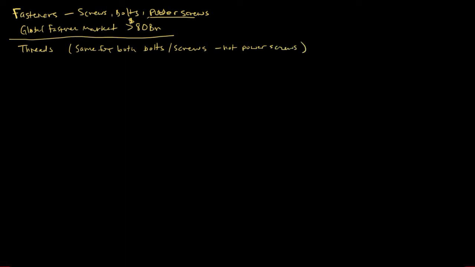And we'll talk about that a little bit more. When we talk about threads, we're talking about the threads that we would commonly encounter in a bolt and a screw. So that begs the question, what makes a bolt versus a screw? What's the difference between a bolt and a screw?